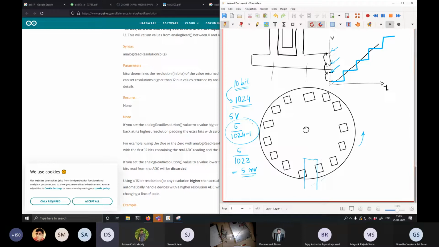So if you use the default resolution of the Arduino, it cannot measure 7 millivolts, because Arduino can measure in steps of 5. It can measure 5, it can measure 10, it can measure 15 and so on. So it will not be able to measure 7 millivolts. It will report it as 5. If it crosses 7.5, it will report it as 10. Whatever I said, does it make sense?